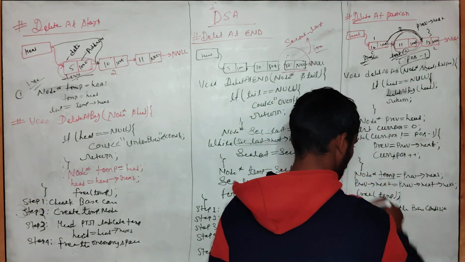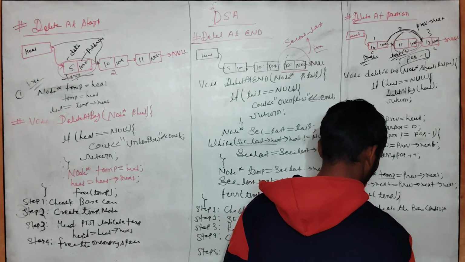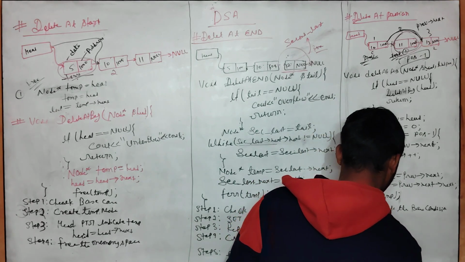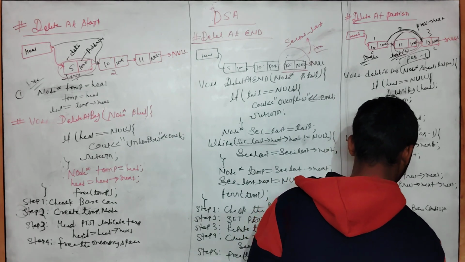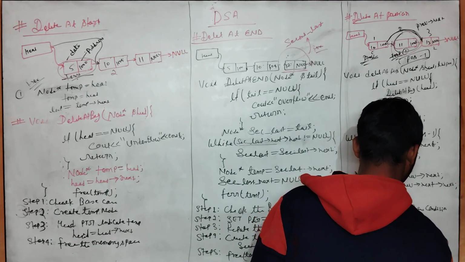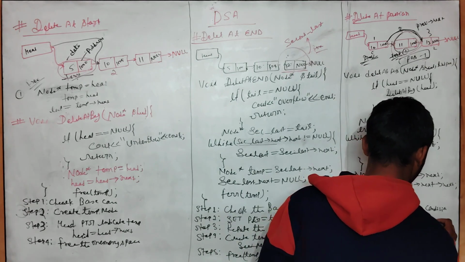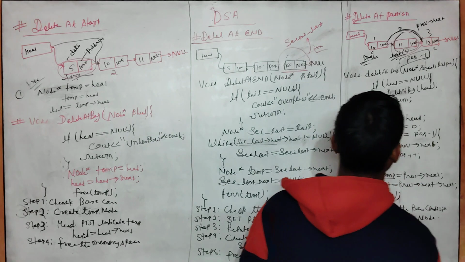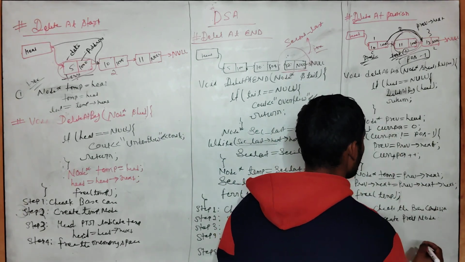Fine, create one previous node. Step 3, what will you do here? Check base condition, create previous node. You need to repeat this thing.